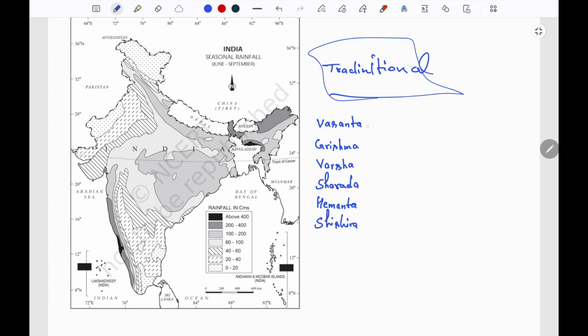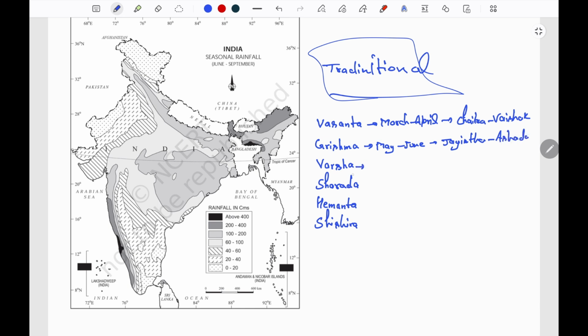This Vasant is the time of March to April, and according to Indian calendar, it is Chaitra and Vaishakh. Grishma is May to June, that is Jyesht, Asad.